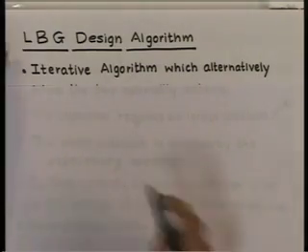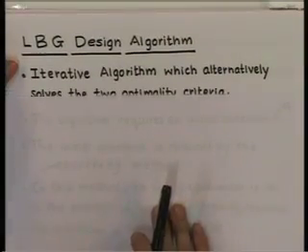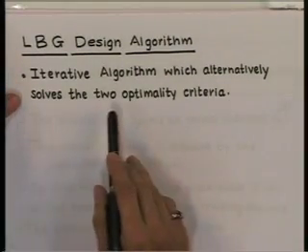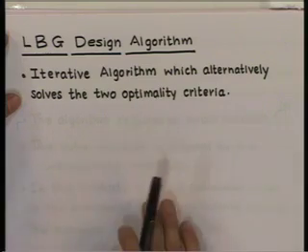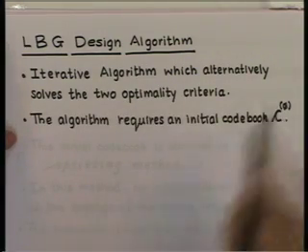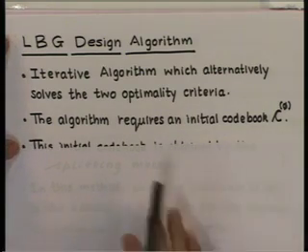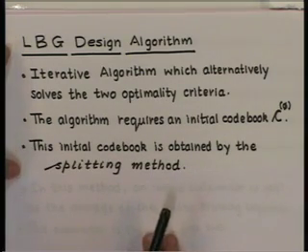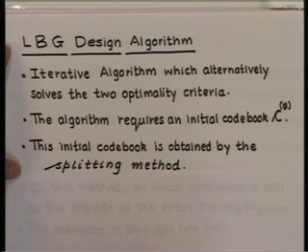So, let us discuss this popular algorithm, which is known as the LBG VQ design algorithm. This algorithm is an iterative algorithm which alternately solves the two stated optimality criteria. It requires an initial code book, and this initial code book is obtained by the splitting method.